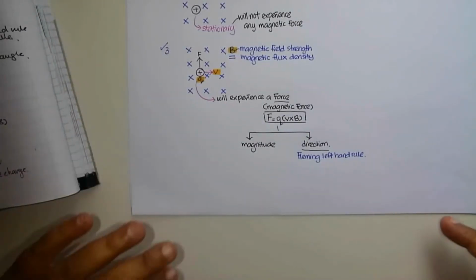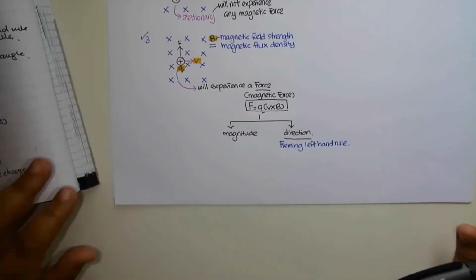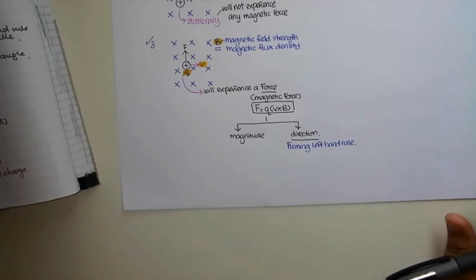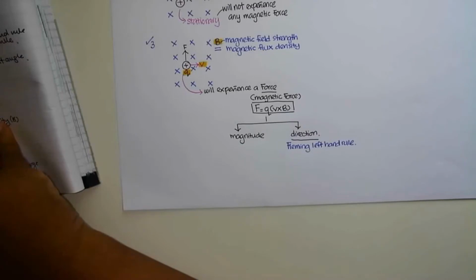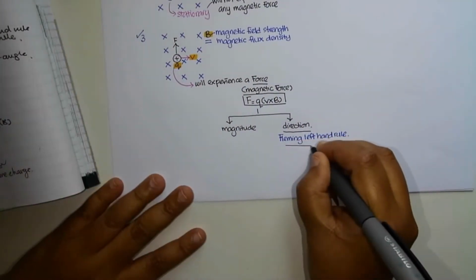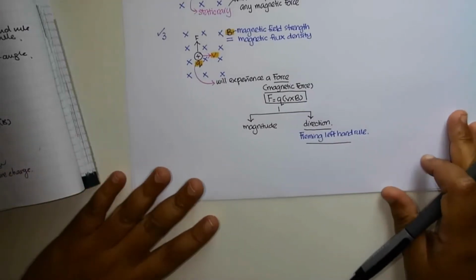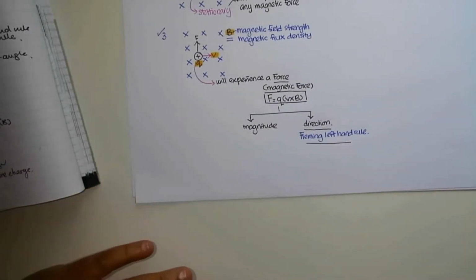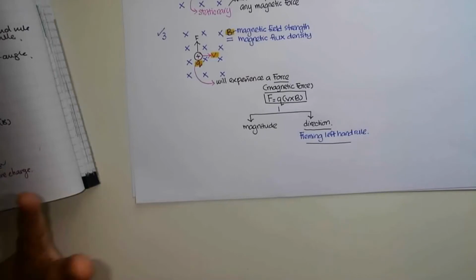Okay, now, that is one thing. And you always must understand that now we know the direction, we use Fleming's left hand rule. Now let's look at the magnitude, how to determine the magnitude.